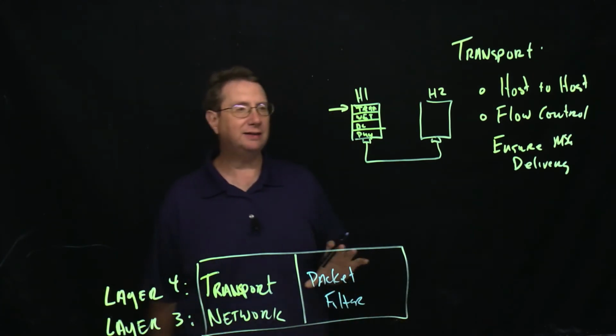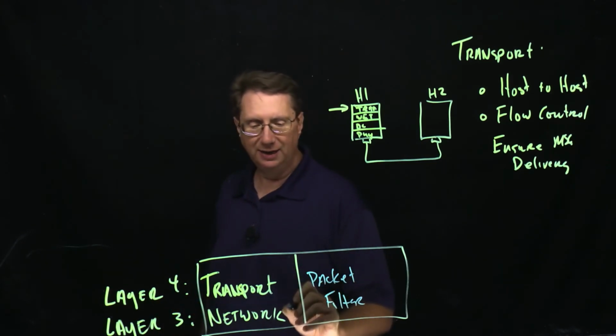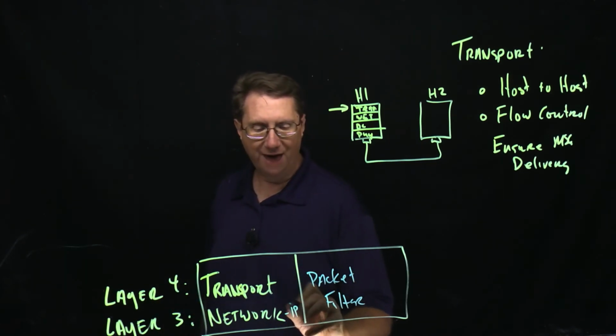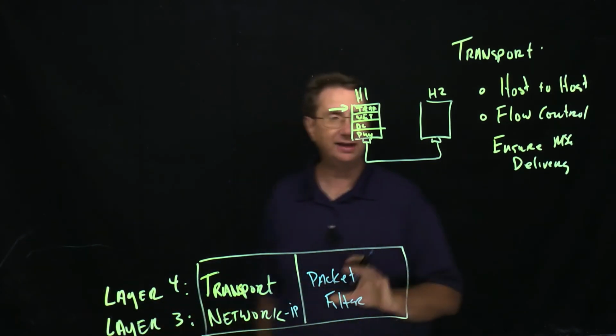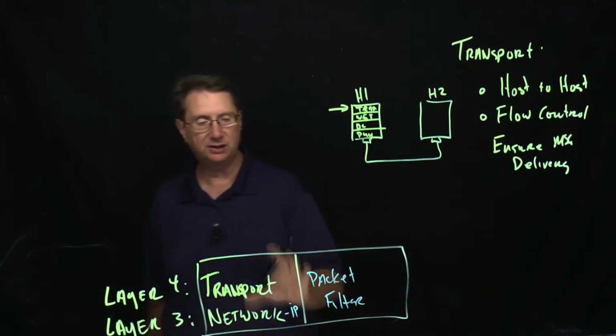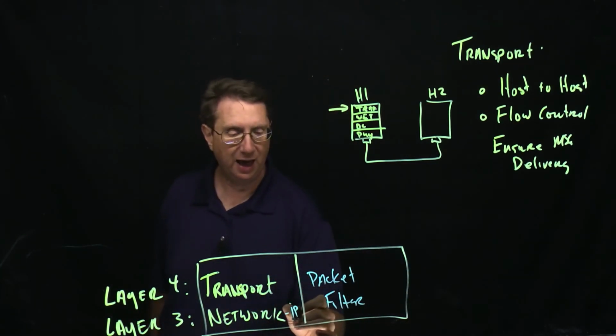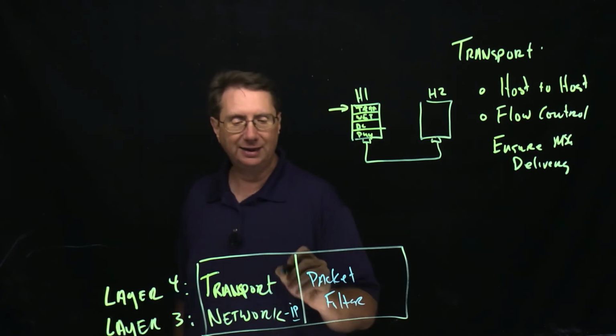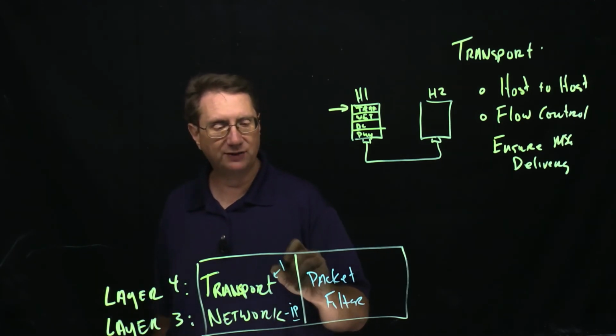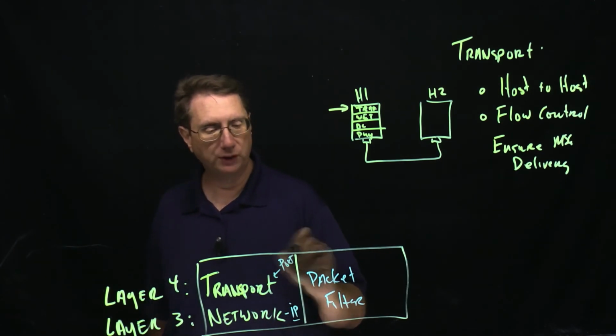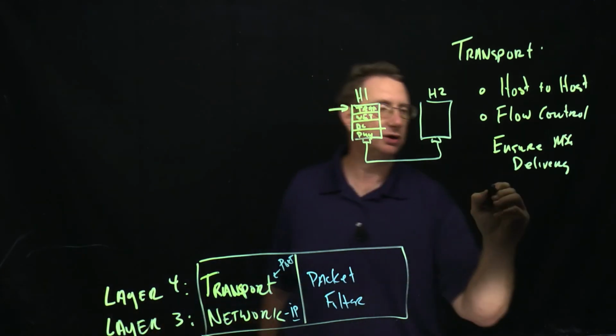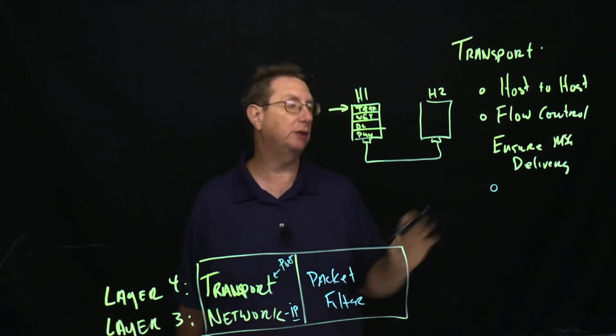The way that this happens is that in the network layer, I have IP addressing. So the thing that I can filter on when it comes to the networking component is going to be the IP addresses. In networking, I also have something called ports at the transport layer. So that's the other thing that the transport layer offers me.